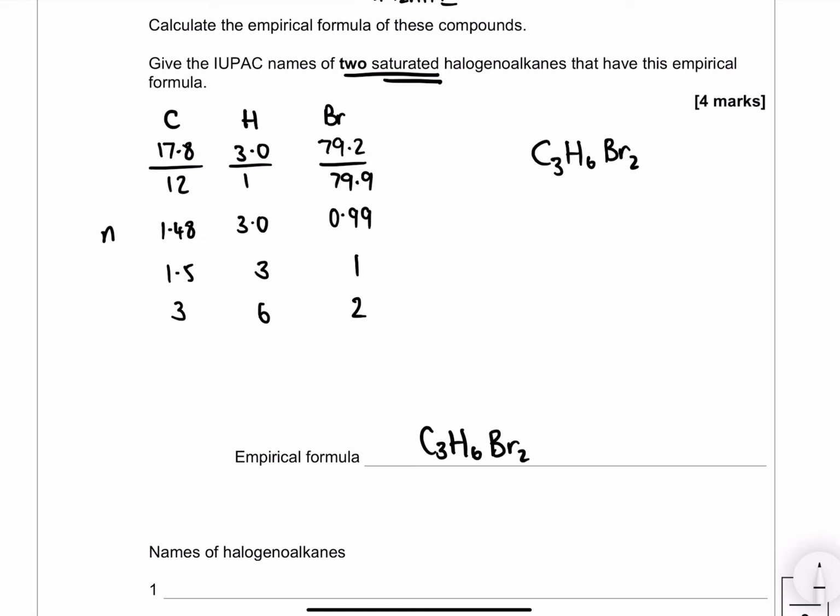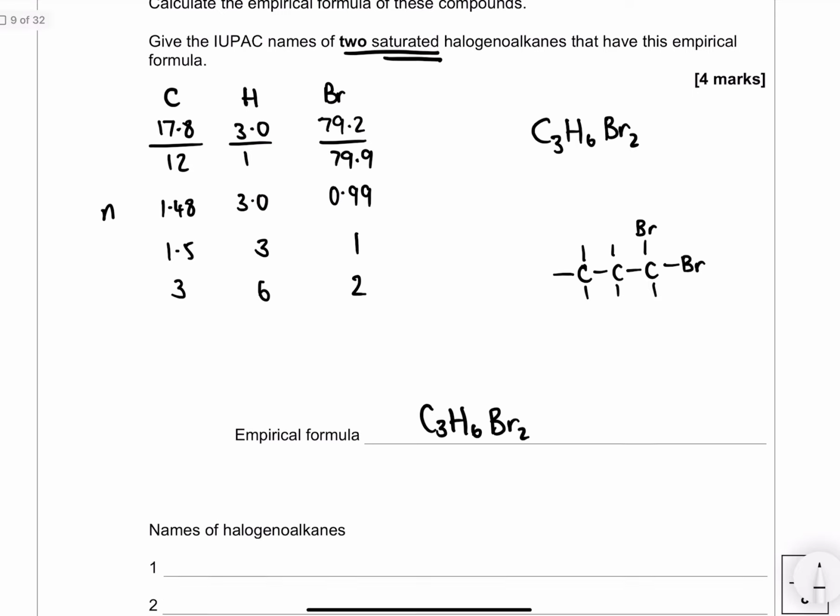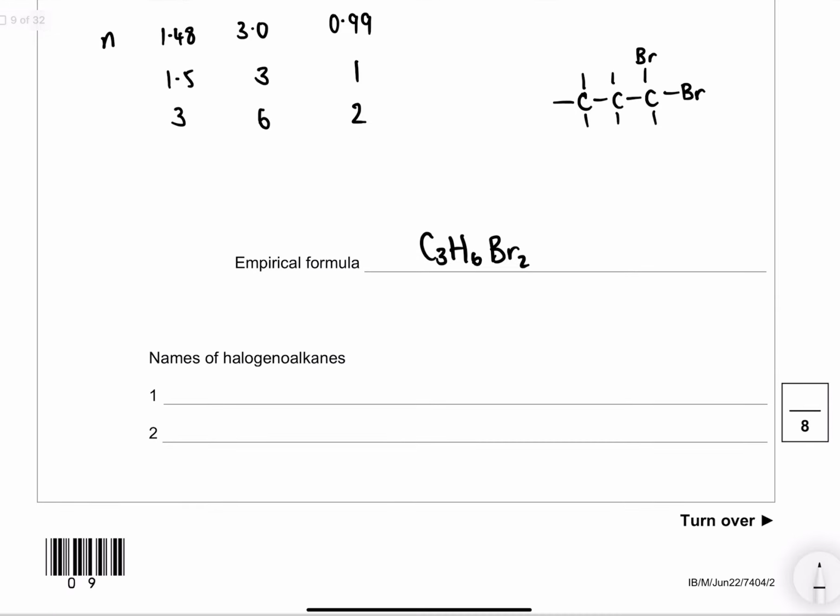So we're trying to think about 3 carbons, so 1, 2, 3, 6 hydrogens, 1, 2, 3, 4, 5, 6, and 2 Brs. So we could put the Brs on the same carbon, number 1. We could put 1 on number 1, 1 on number 2. So we're looking for things like 1,1-dibromopropane, that's the one I've drawn. But we could have 1,2-dibromopropane.